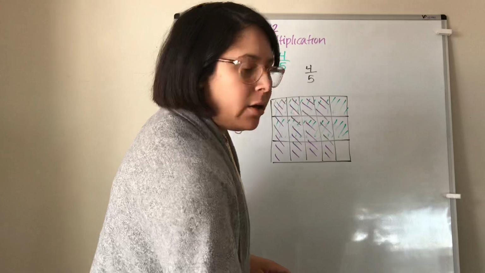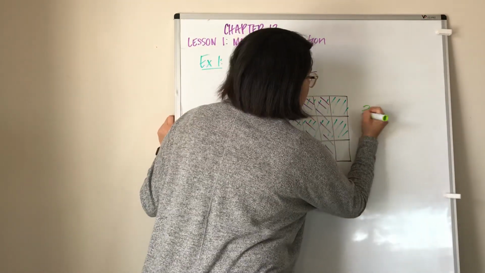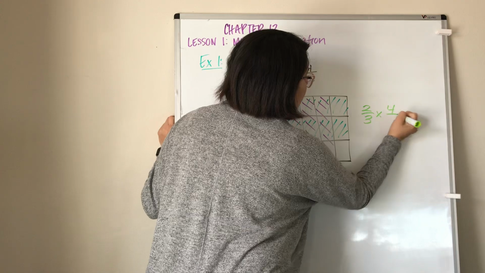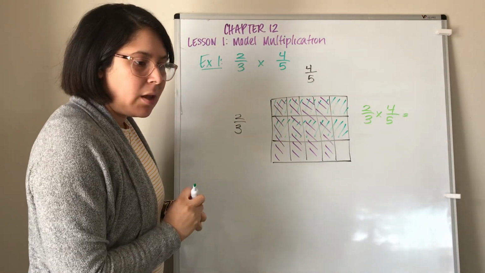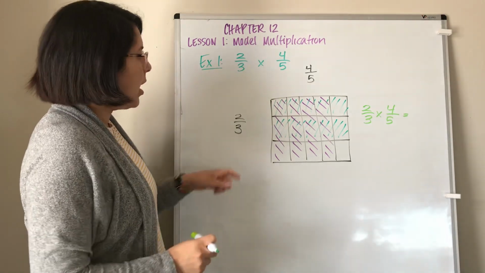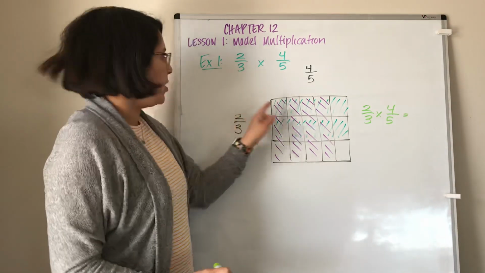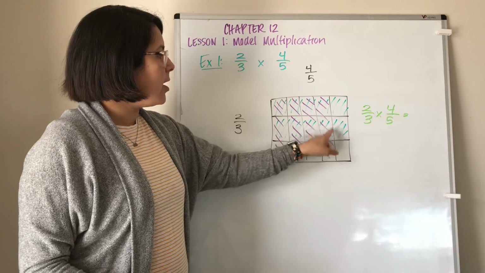Now, in order to figure out 2/3 times 4/5, my next step said, step 4 says count the double shaded, okay? Which ones are double shaded? 1, 2, 3, 4, 5, 6, 7, 8.